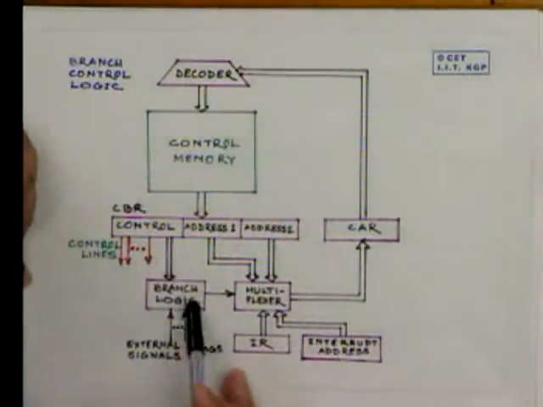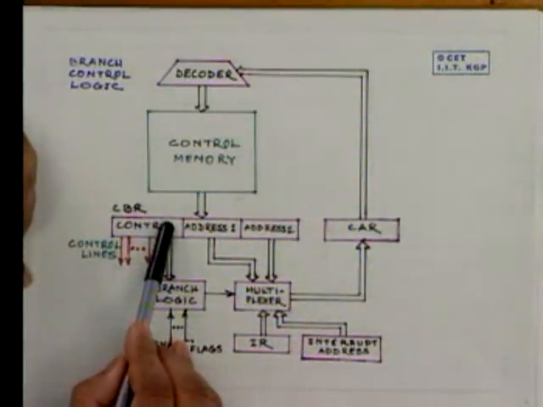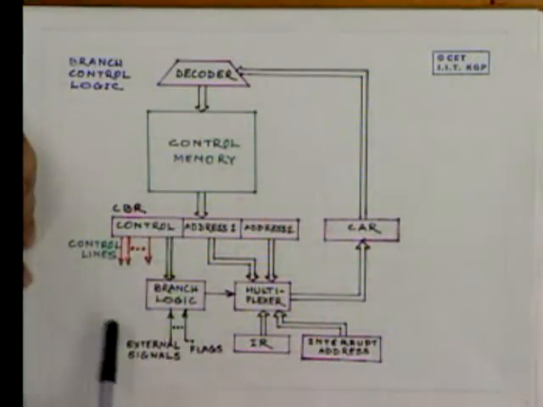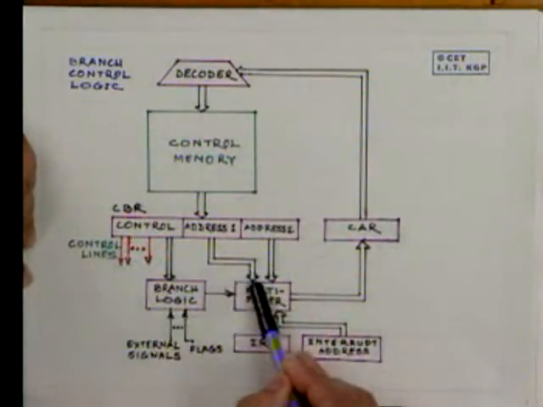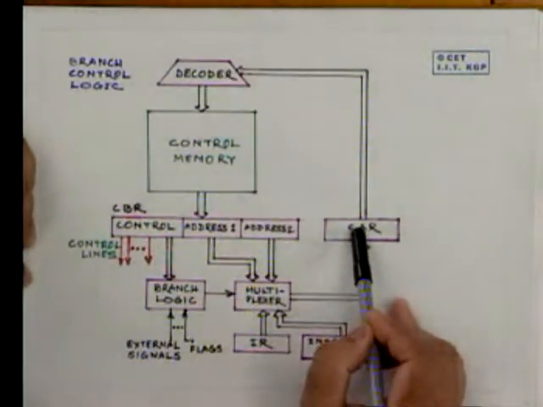Depending upon the branch logic, that means the branch condition kept in the control word and the condition that actually exists here, either address 1 or address 2 is put into the control address register.